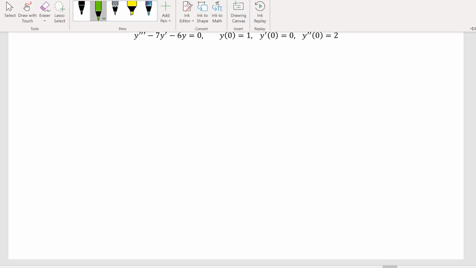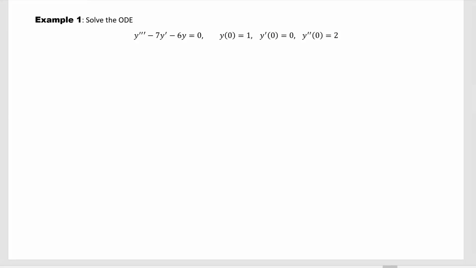Let me recall one thing before we start. If you remember, if we start with a y double prime plus b y prime plus c y, the characteristic equation is a r squared plus b r plus c equals 0. So the order of the derivative corresponds to the power of r.